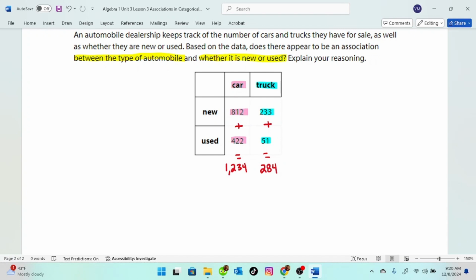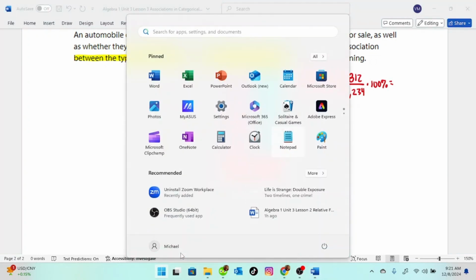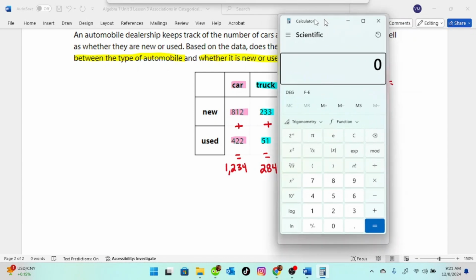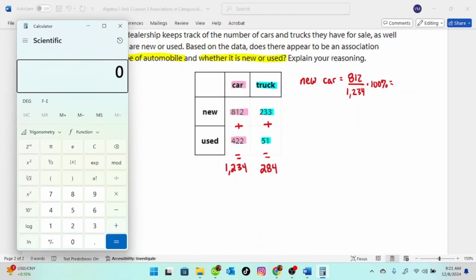So, new car is 812 divided by 1,234 times 100% equals... the 8 tells us to round the 5 up to a 6.